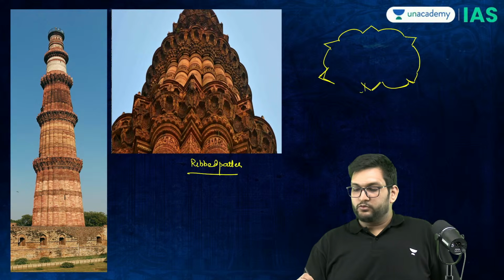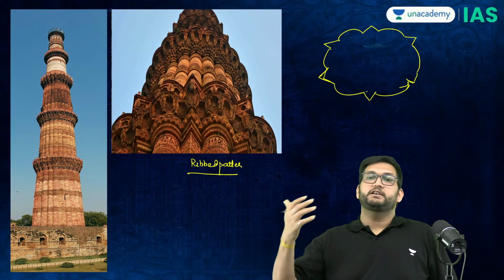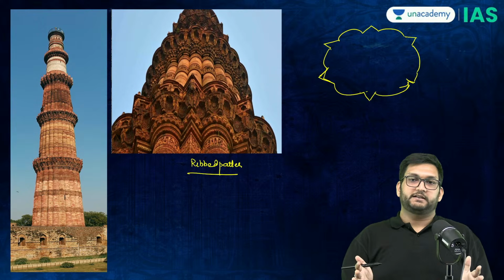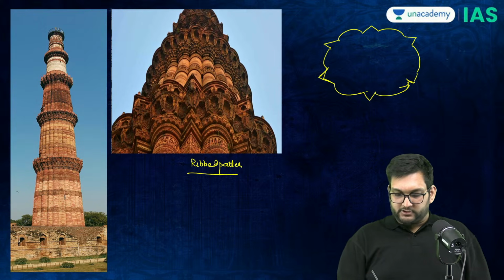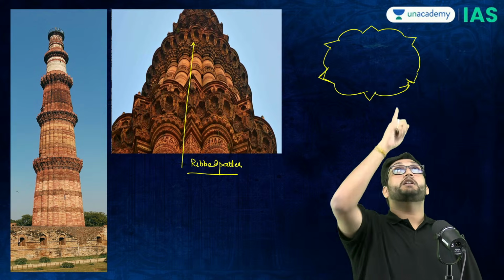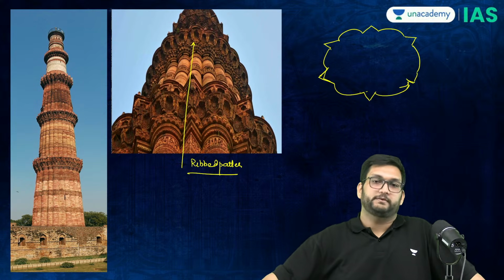This ribbing allows the structure to look bigger than what it is. It gives a lofty impression, but also makes sure that there is no obstruction in the way you can look up towards the top.